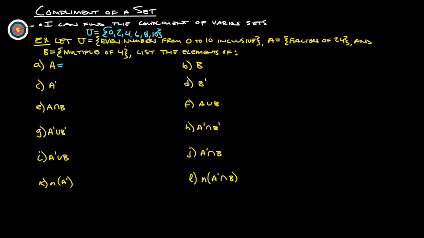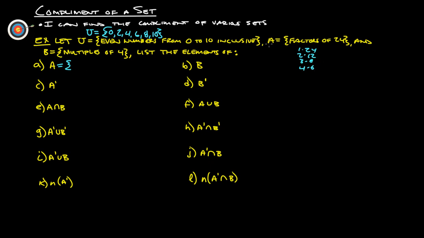A are going to be the factors of 24, but they're only going to be the factors of 24 that fit into the universal set. Those are the only ones we care about. So A, factors of 24, let's see, we have 1 times 24, 2 times 12, 3 times 8, and 4 times 6.